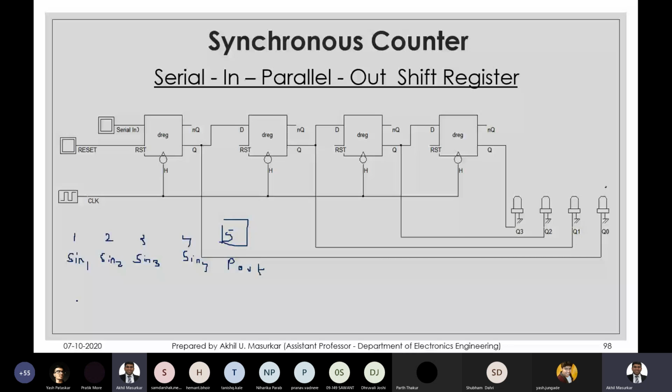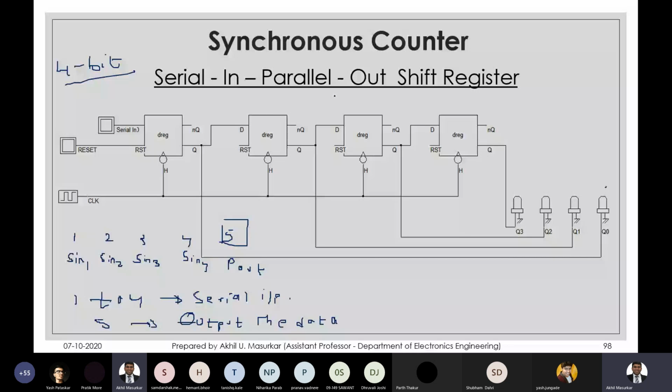So clock number 1 to 4 will be used for serially inputting the data, and clock number 5 will be used for outputting the data. So actually this serial in parallel out operation for a 4-bit shift register, this operation SIPO, will take 5 clocks.